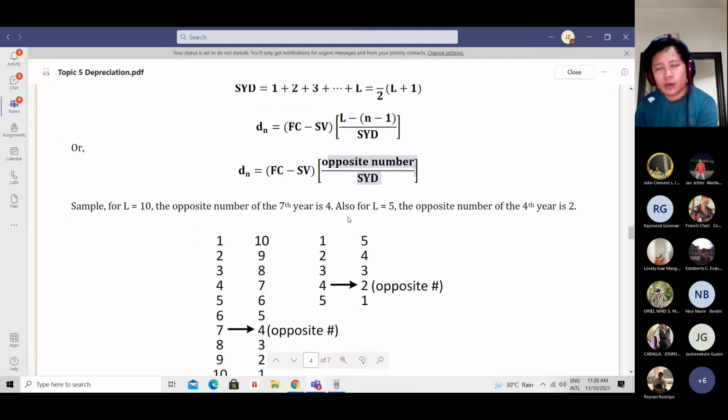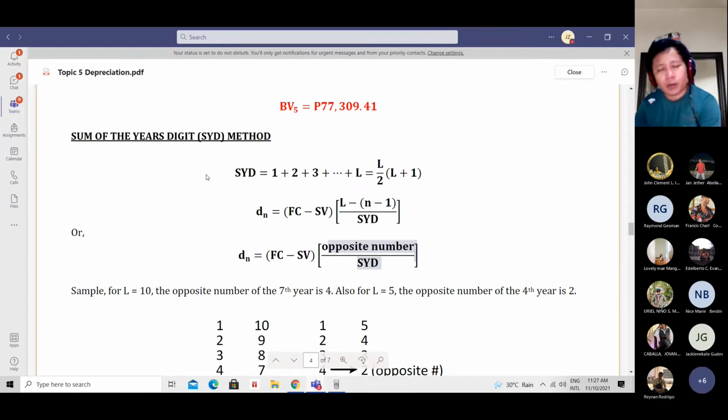Now, what if I want to determine my total depreciation? If I want to solve for my total depreciation, it will take a little longer using the SYD method. Why?